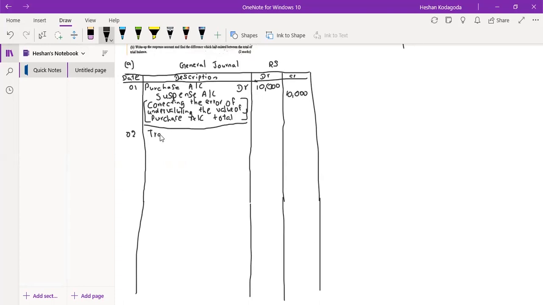Traveling expense account debit 1,500, suspense account credit 1,500.